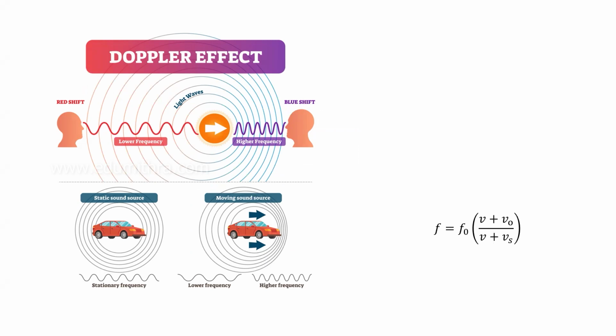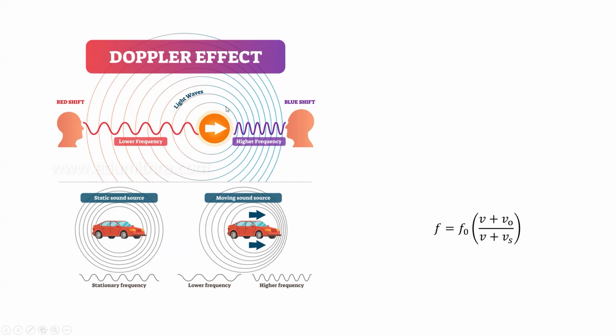Whether it is a sharp, sweet sound or a bass sound depends on whether the source is moving towards us or away from us. When a car with a horn is coming towards you, we hear the sound at a higher pitch, and when it is moving away from us, we hear a lower pitch. That is the Doppler effect in sound.